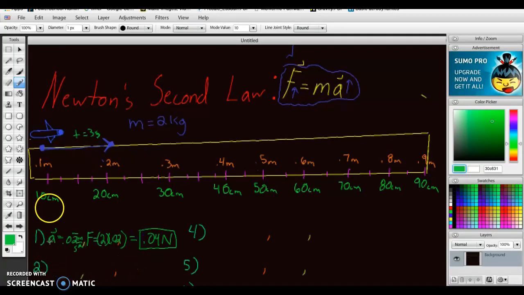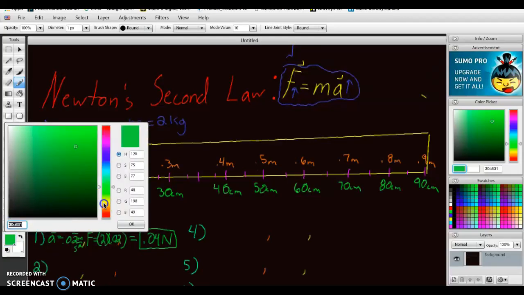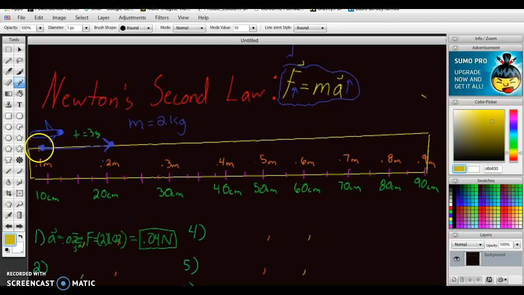Okay, let's do it again. Let's say we go from 0.1 to 0.3 meters, and it does that displacement also in 3 seconds.